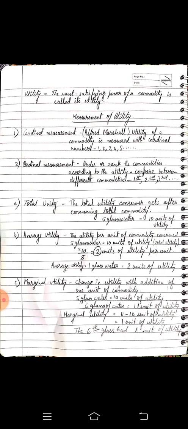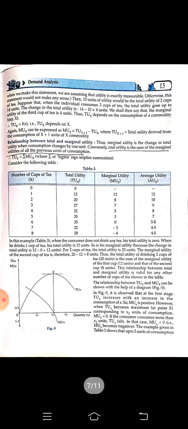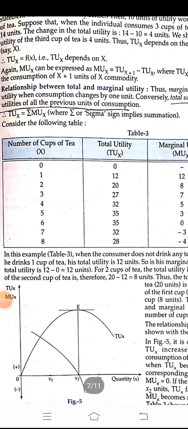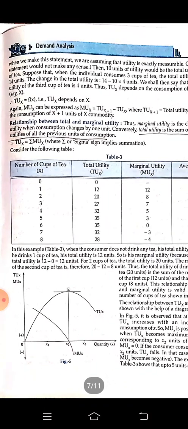You can see in the book also there is a tabular presentation where they show what the utility is and how we can measure the utilities. In this tabular representation, they show the number of cups of tea. One person is taking 1, 2, 3, 4 till 8 cups of tea.